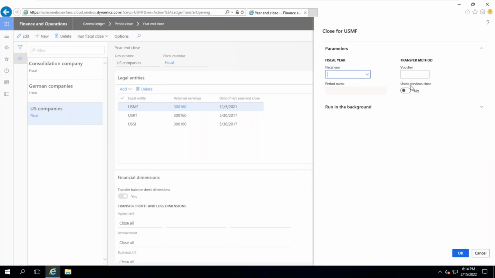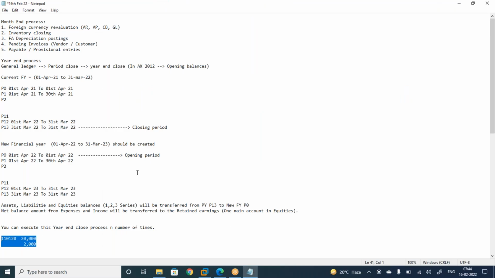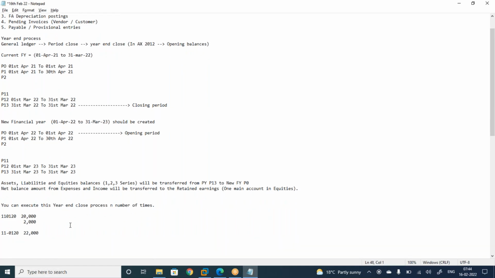You have the option Undo previous close. If you enable this checkbox, what happens? The previous transactions will be removed and moved to history, and a new transaction will be created directly for 22,000.